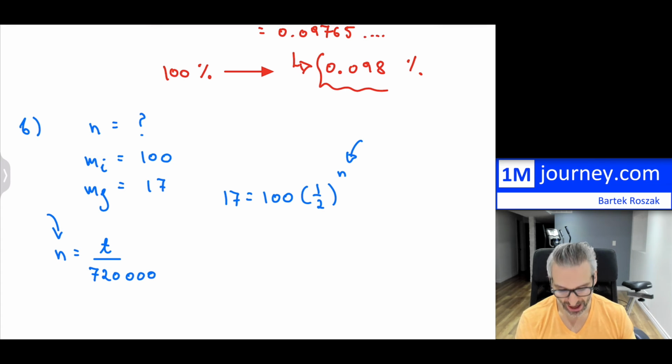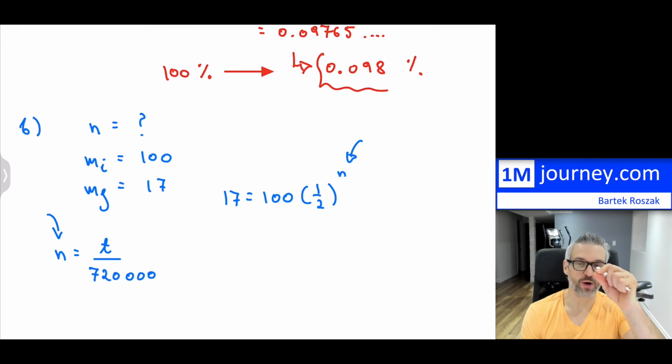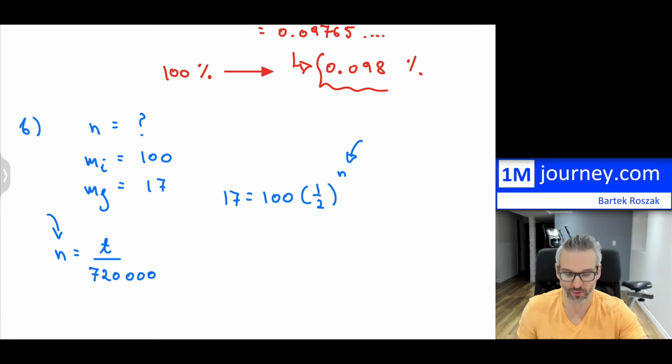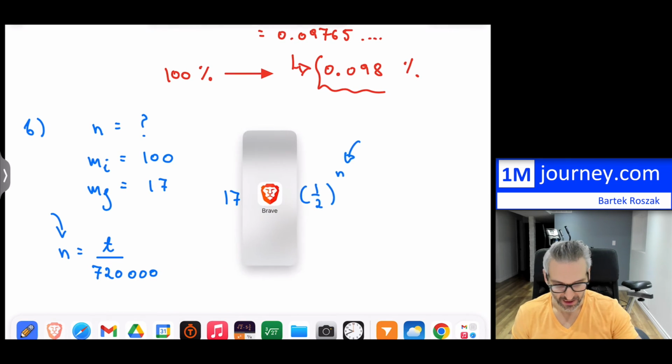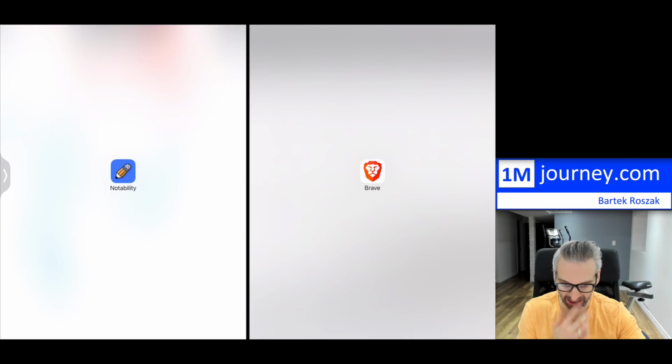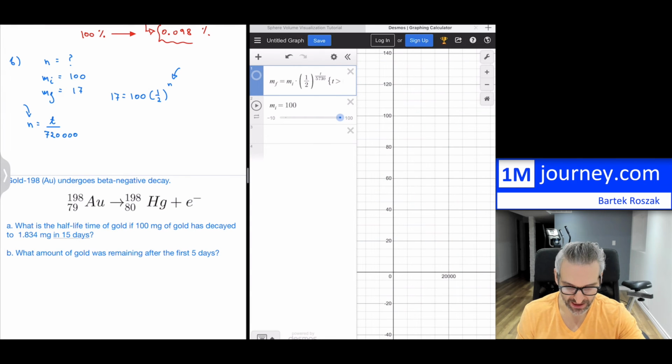All right, so how do we do this? How do we solve for exponents? Now, I can certainly graph this, and through graphing, I can find out what N is, right? So when do we get to 17? I can approximate that. That's one way. So let me pop up decimals in here, and I'm going to take that in. So here, let's put it in. I'm going to take this out.